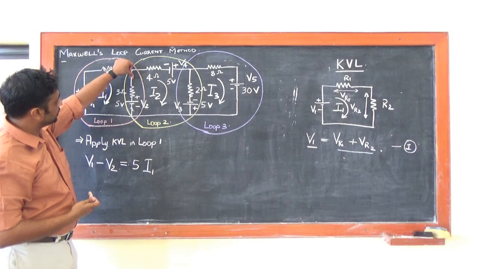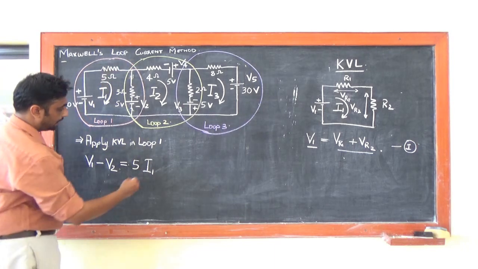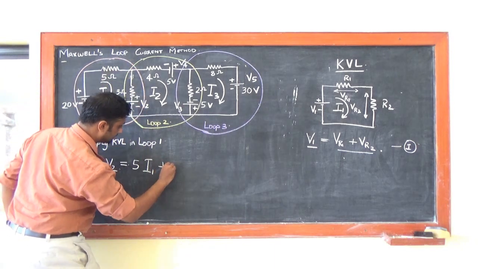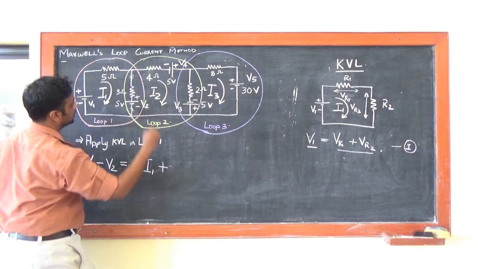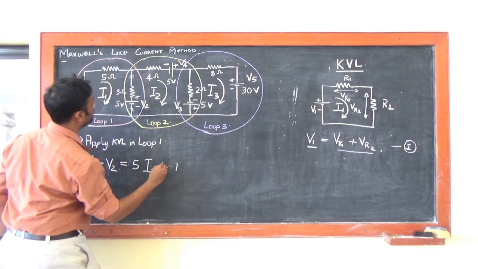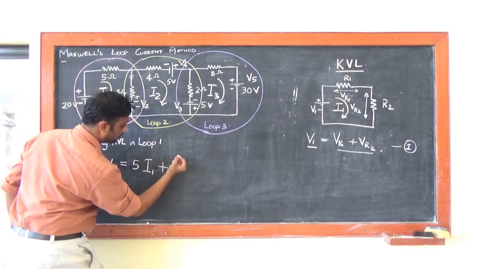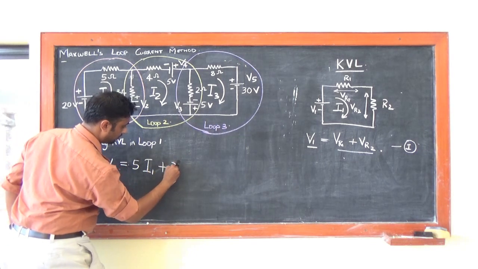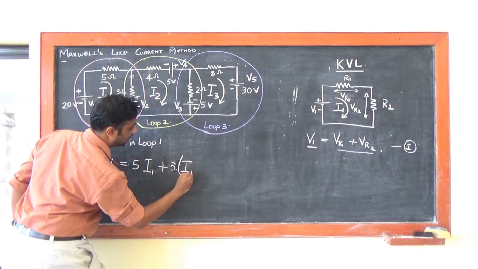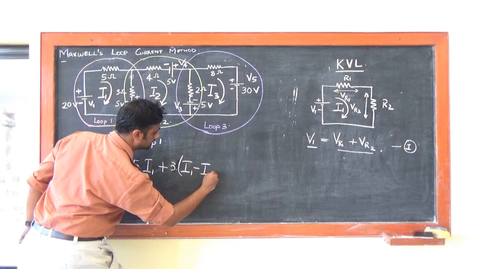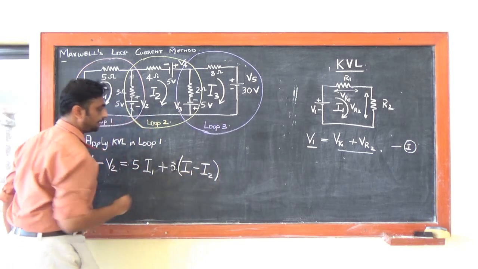So plus 5 I1 plus 3 times (I1 minus I2).